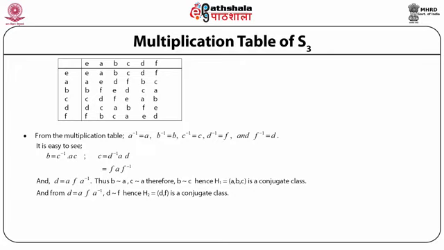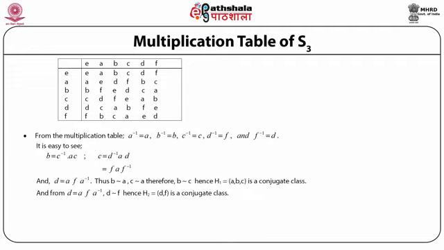C is conjugate to A. C is also equal to F A inverse F inverse. And D is equal to AF A inverse, that is, D is conjugate to F. Thus, B is conjugate to A, C is conjugate to A, therefore B is conjugate to C.